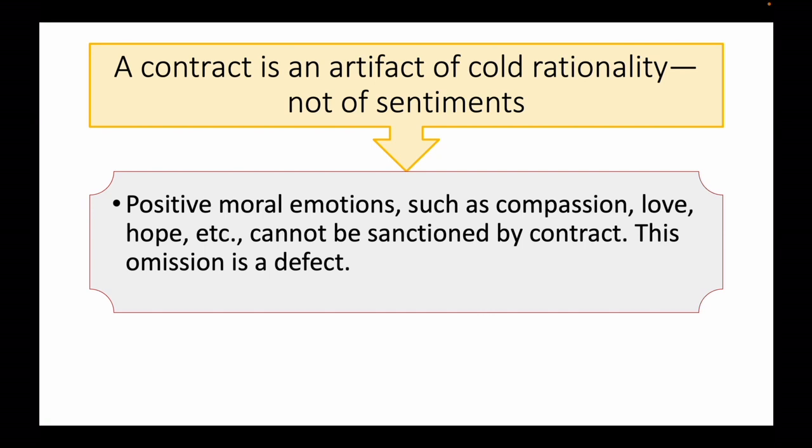For example, positive moral emotions like compassion, love, hope, empathy. These feelings cannot be sanctioned or invented by the contract. What does that even mean, that you have by contract the obligation to be compassionate? You don't. And many feel that this omission is a very serious defect of contractarian ethics.